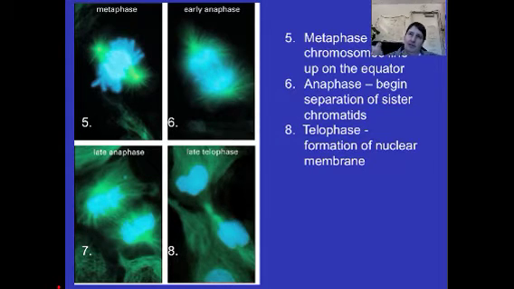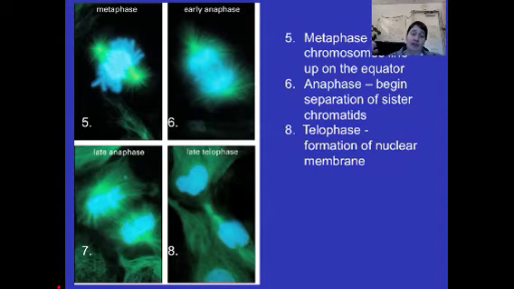And at some point, there's a signal, and I don't know what that signal is, but whatever that signal is, the microtubules that have grabbed onto the kinetochore begin to pull back towards the centrosome, and that's called anaphase. It's very dynamic, and you can see this in real time.